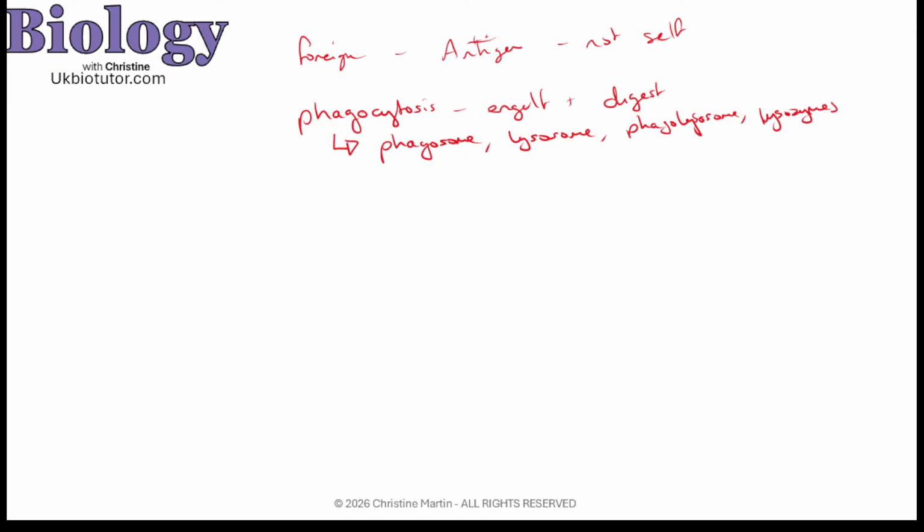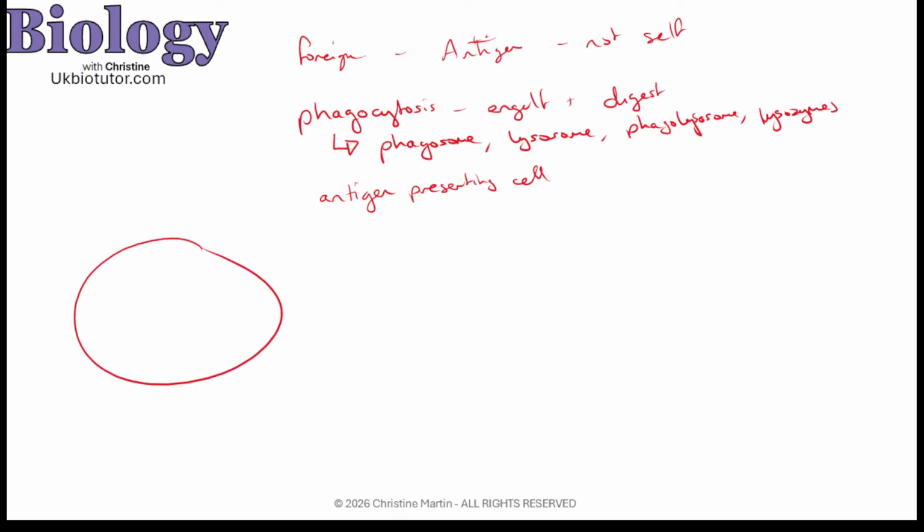And what's going to happen is I'm then going to have a way of presenting the antigen on the surface of my cell. So I've got an antigen presenting cell. So we've had an antigen, we've had our non-specific immune response, our phagocytes have encountered them, they engulf and digest, they present it on the surface.